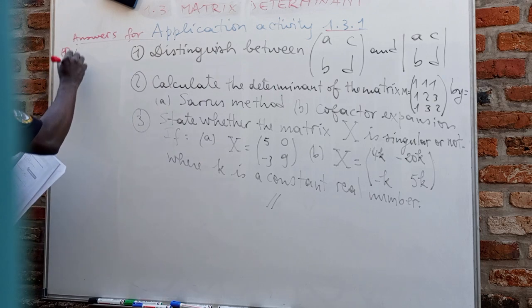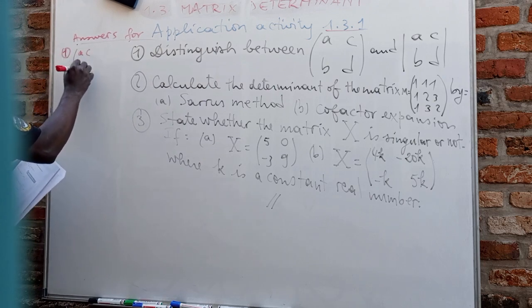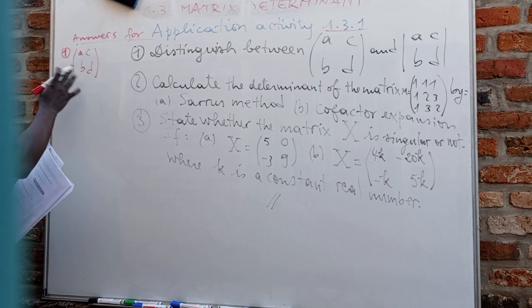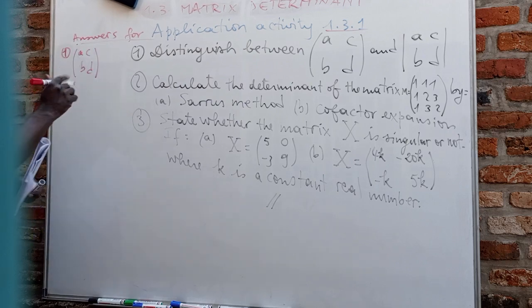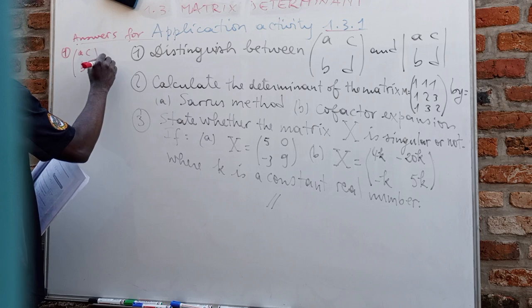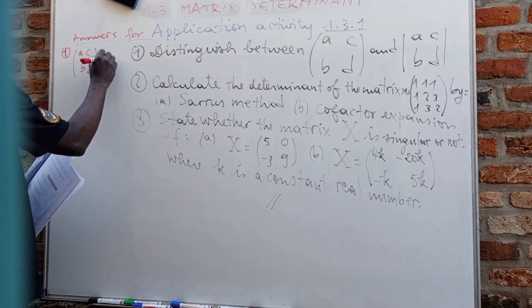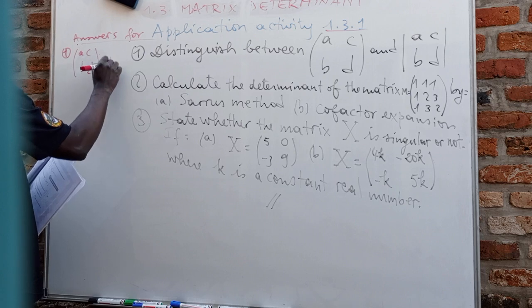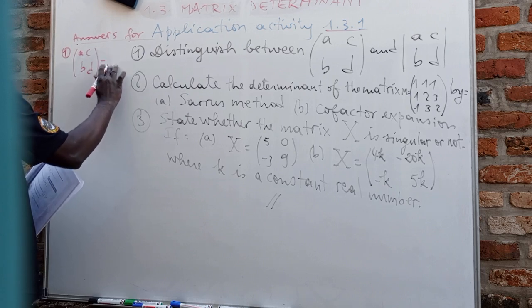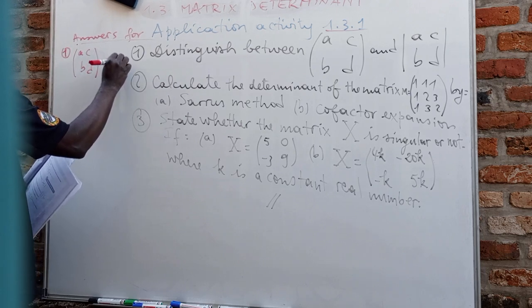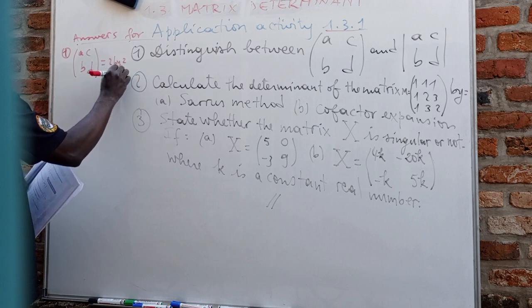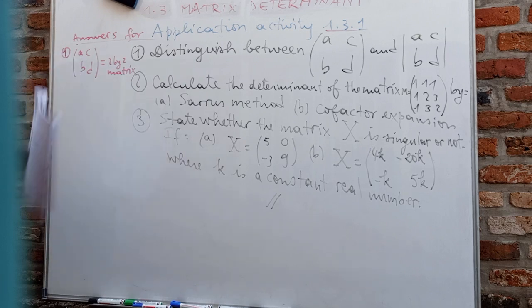So this (a, c, b, d), when it is written in round bracket or square bracket, normally it is a matrix. In this case, this is a 2 by 2 matrix. So actually, it is a square matrix of order 2.